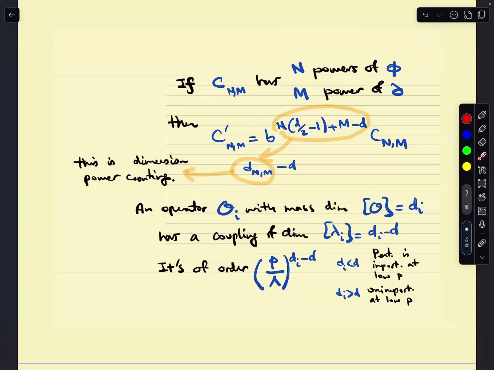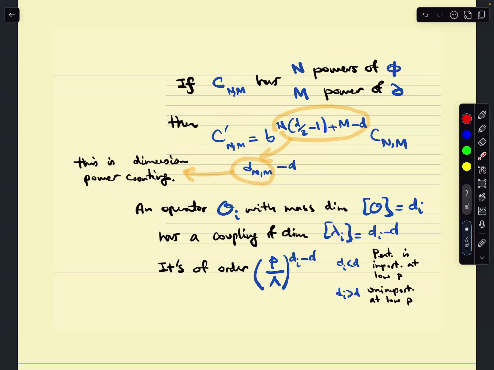More generally, you could imagine a term whose coefficient I'm going to call C_{n,m}. It has n powers of φ and m powers of derivatives, right?